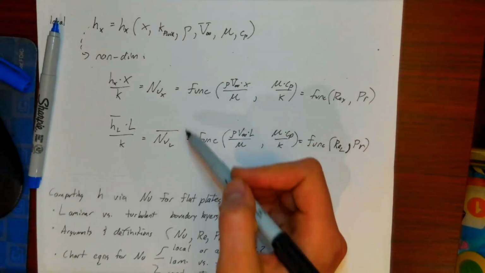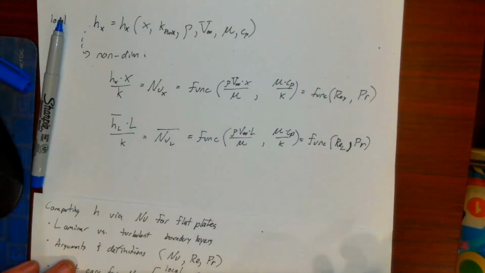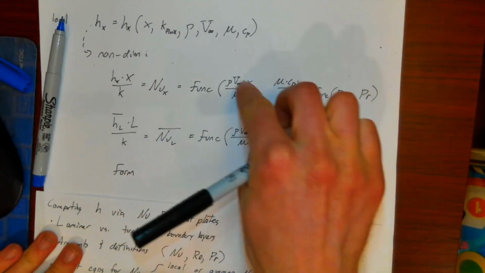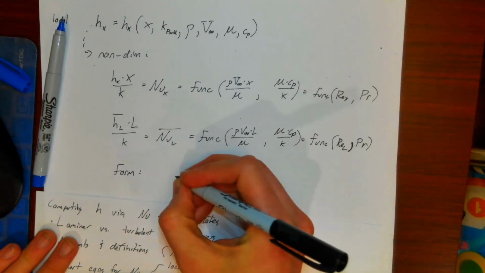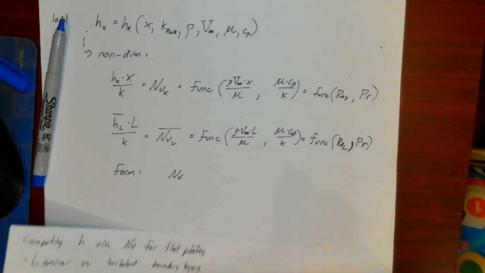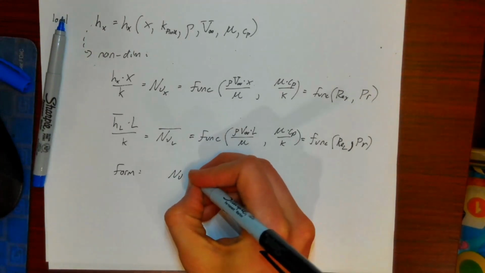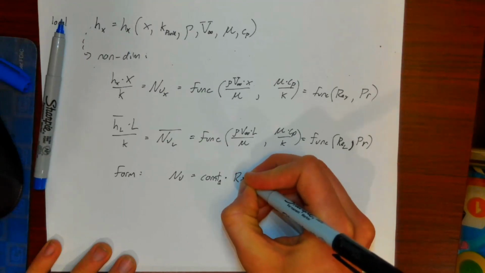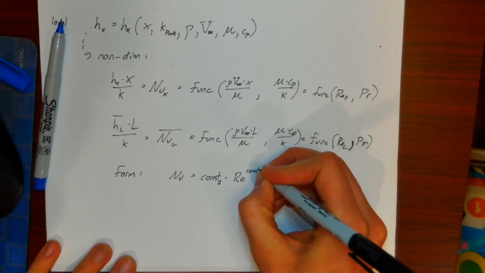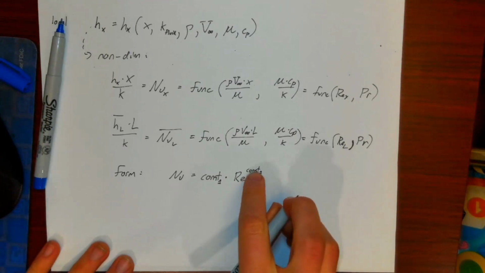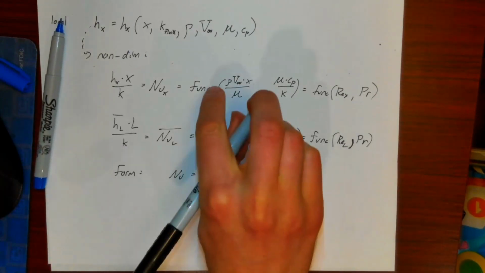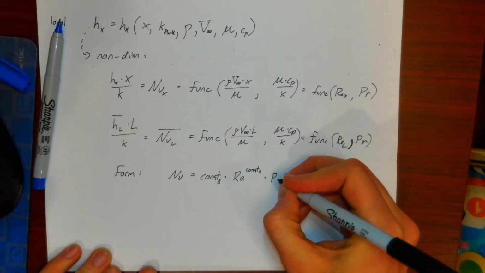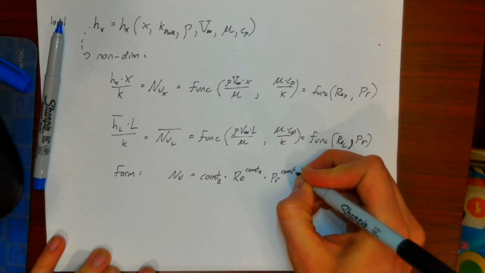So instead of having single functions, we'll break these functions up into separate domains, and basically the form that pretty much all of these functions take is that some Nusselt number, it could be an Nu sub x or an Nu sub L, equals some constant, we'll call it constant number 1, times Reynolds number to some power, times Prandtl number to some different constant.